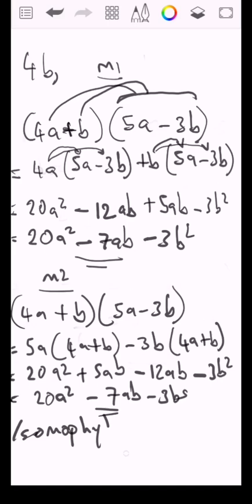So isomorphy is talking about the similarity in nature between multiplication and addition. There is a resemblance between multiplication and addition. And particularly here we have demonstrated that a plus b is the same as b plus a. In like manner, a times b is the same as b times a.